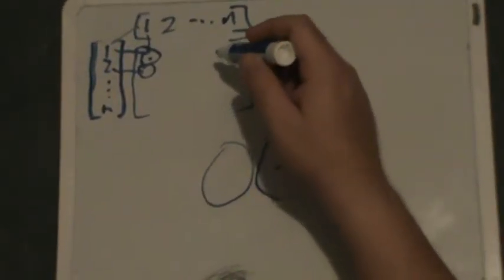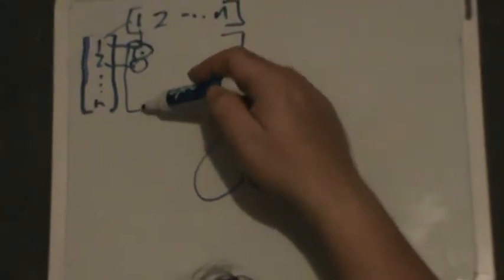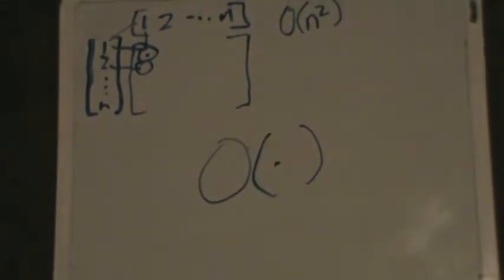When you go through and look at each one, you'll find out every single time I do one multiply. And how many elements are there? Well, I've got n elements this way, I've got n elements this way, so there's n squared elements inside this whole thing. So that means there's n squared multiplies that have to take place. So this is big O of n squared.